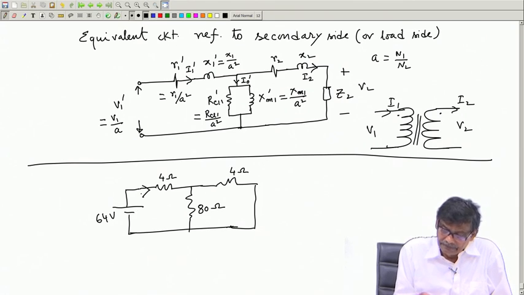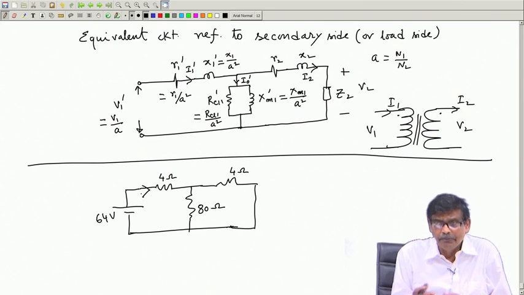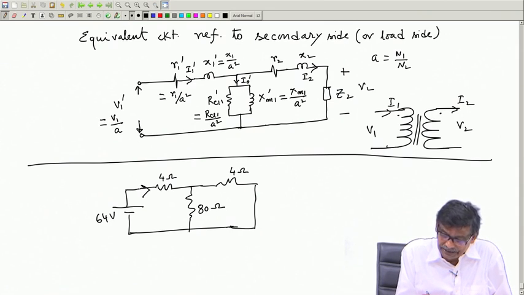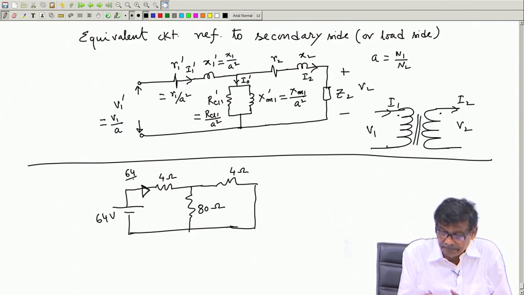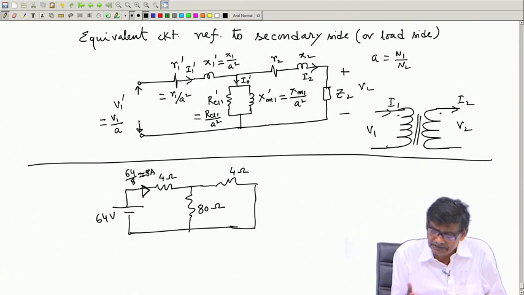But suppose you are a very practical man, a practical engineer, you will be happy to know what will be the current drawn from the battery, and I will sacrifice some accuracy. I will say that this current will be, you solve it, 64 by 8 ampere. Looking at the circuit, you can say this current, why?